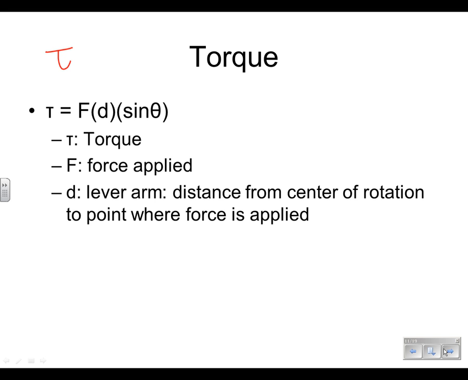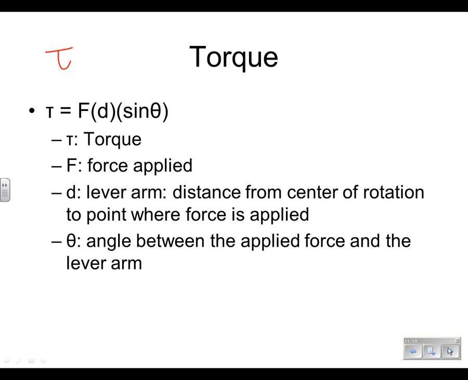So that's the location piece. Like we said, torque depends on two things: the force that you apply, but then also where that force is applied. The lever arm takes care of where the force is applied. And then theta is the angle between the applied force and the lever arm. We'll see a picture of that here in just a second.